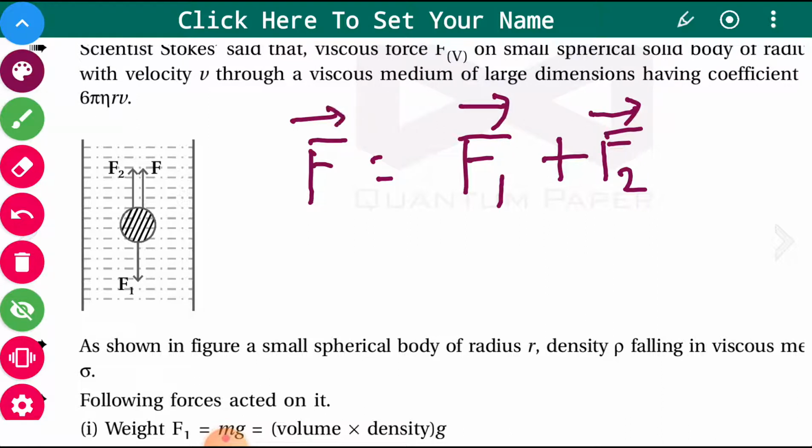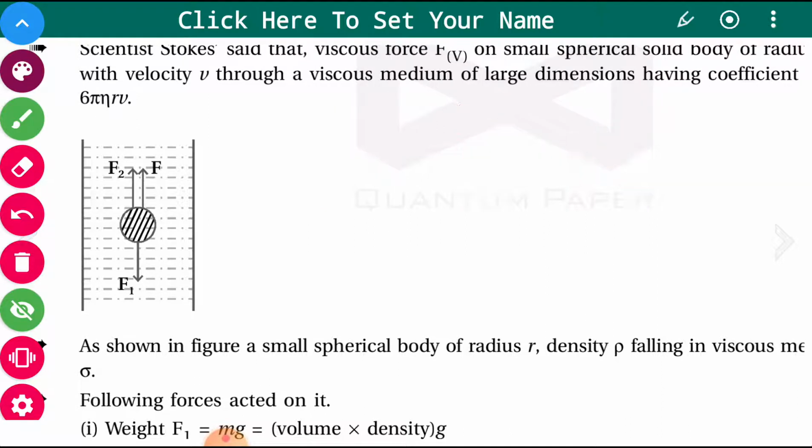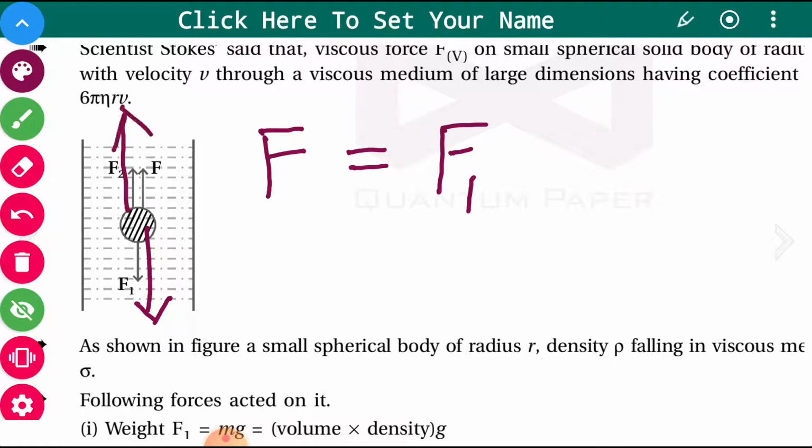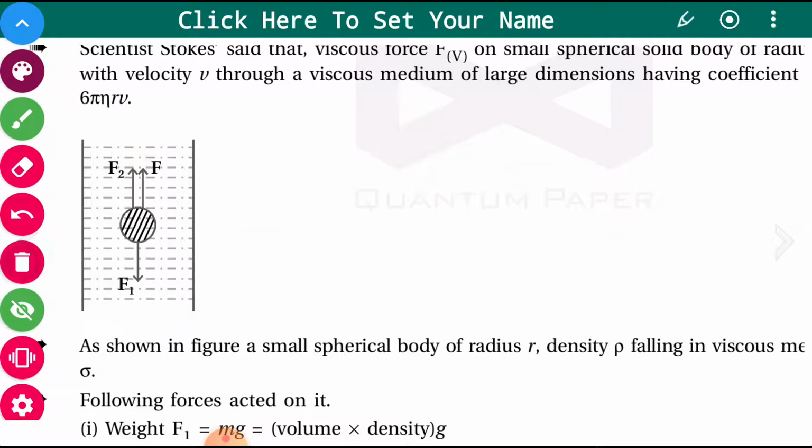You can understand it this way also: the viscous force F is the result of one force, its weight F1, in the downward direction, and F2, the buoyant force, in the upward direction. So the resultant force will be F1 minus F2, that is equal to F. Now this viscous force is fixed, that is 6 pi eta r v.